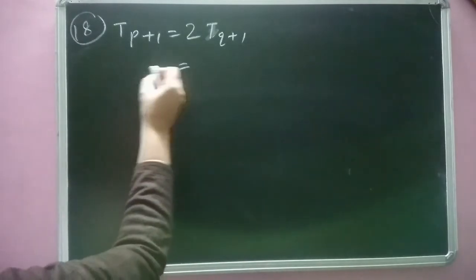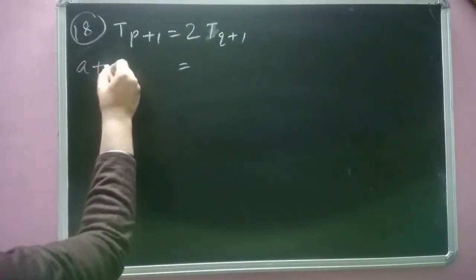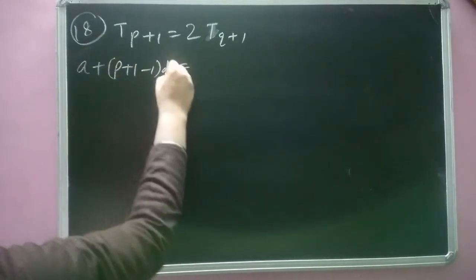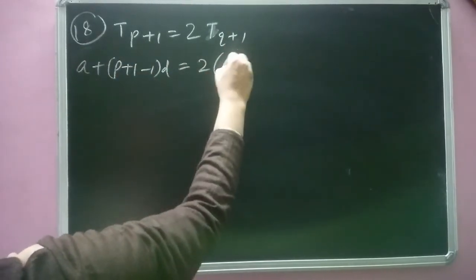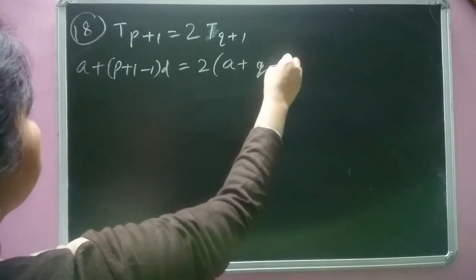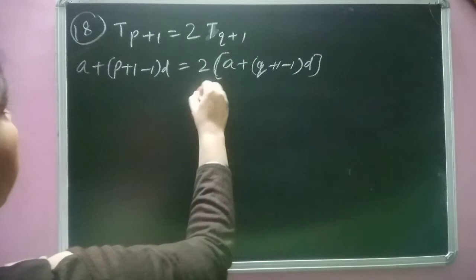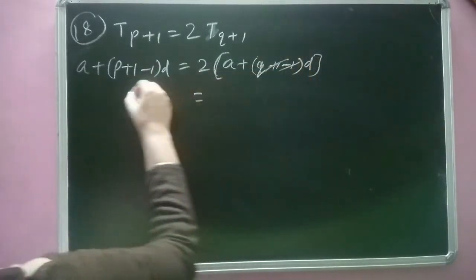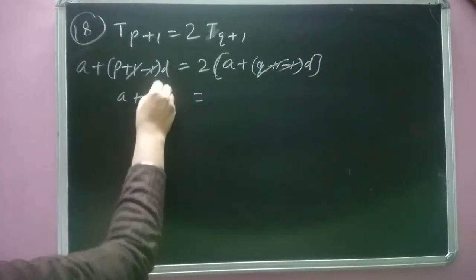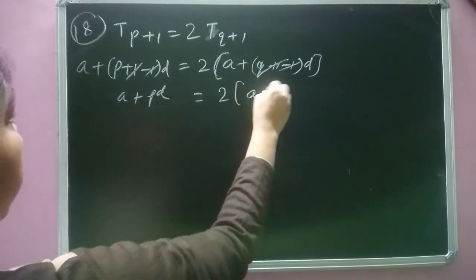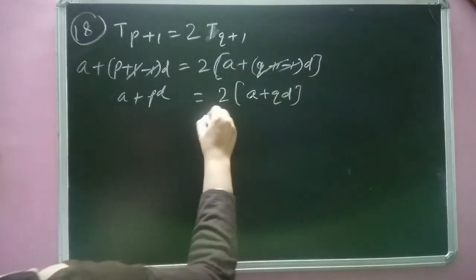So we will start with the condition. T(p+1) means a plus (p plus 1 minus 1) into d, twice of T(q+1), a plus (q plus 1 minus 1) into d. This becomes a plus pd equals twice of (a plus qd).